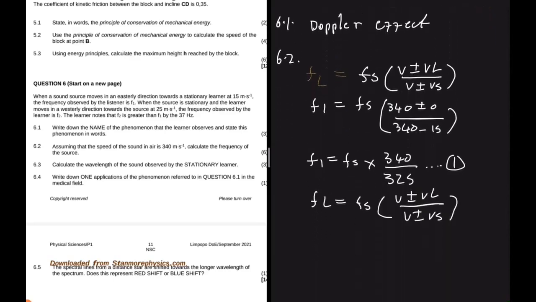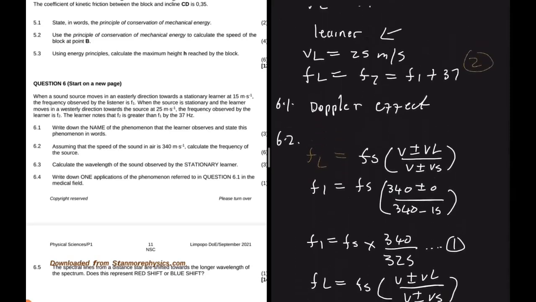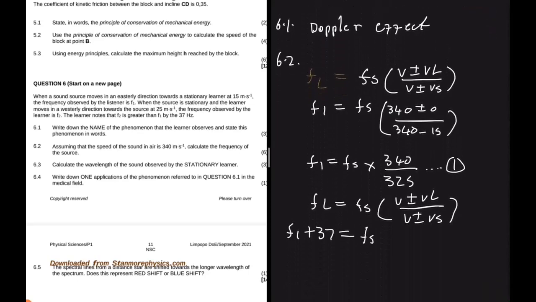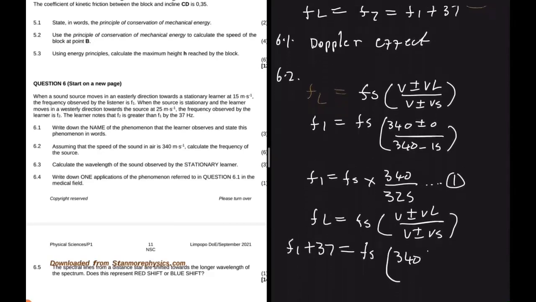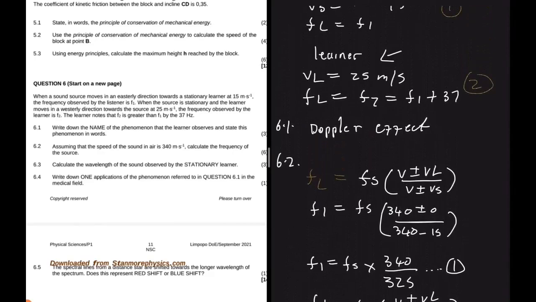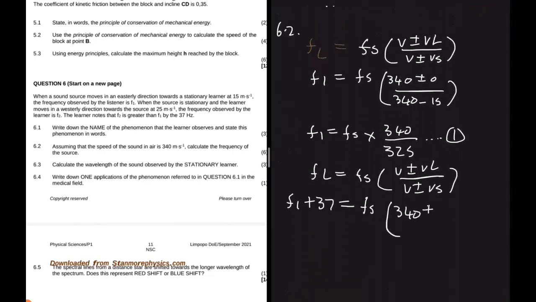So we have F1 plus 37 equals Fs, which is unknown, multiplied by 340 plus the velocity of the listener, which is 25 meters per second, divided by 340 minus or plus 0, because the sound source is now stationary.